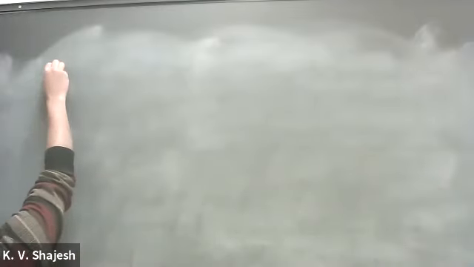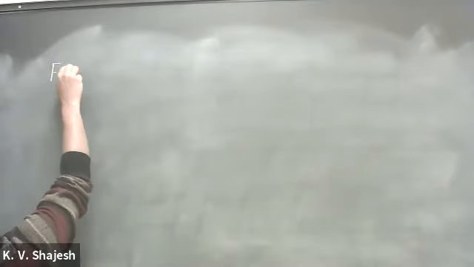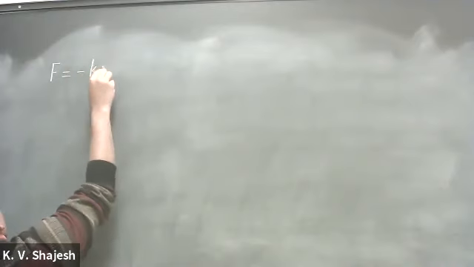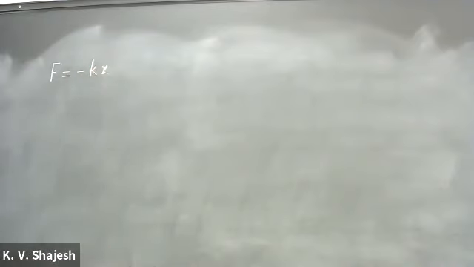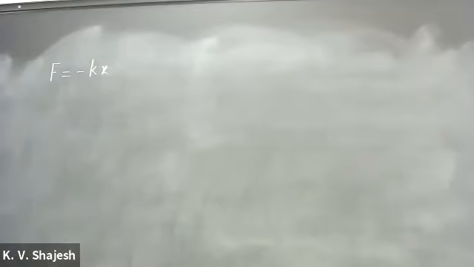Okay, so we pointed out that for a simple harmonic motion, or for oscillations with respect to a spring, we have force given by F is equal to minus kx. So that's going to be our first point, where k is a spring constant.